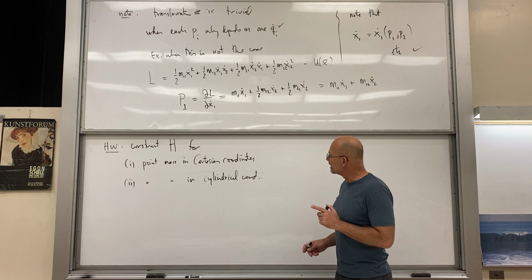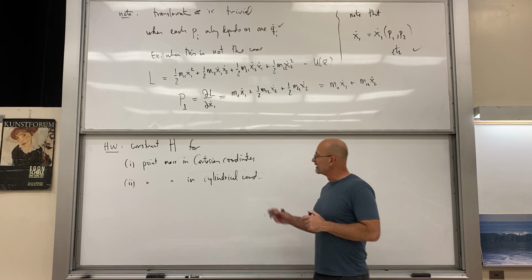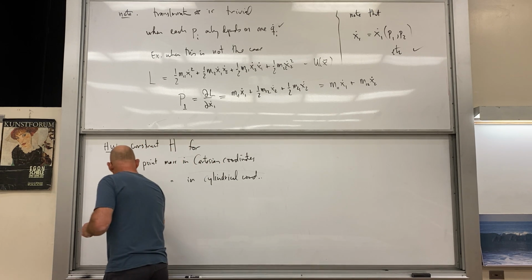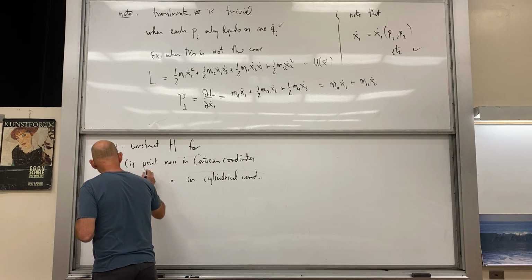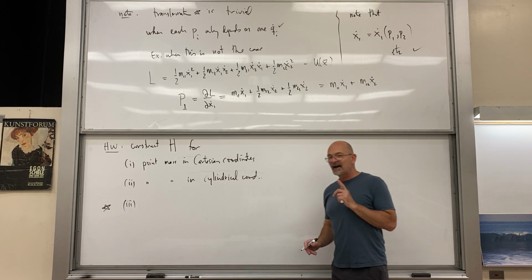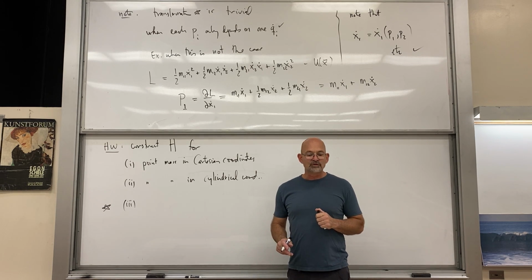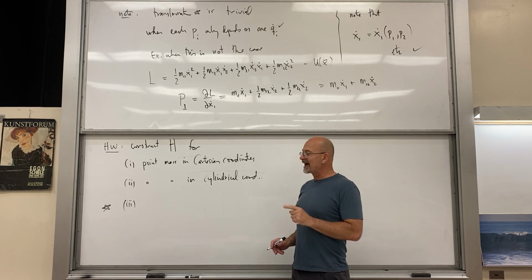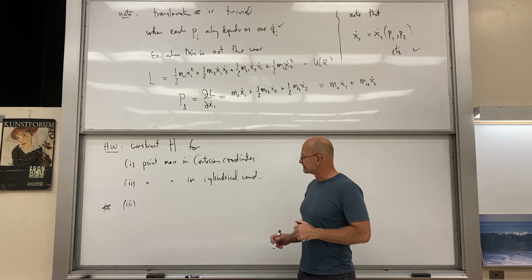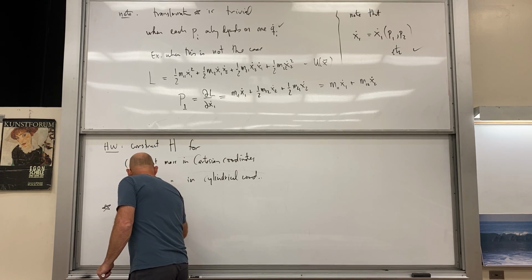Actually, before I talk about cyclic coordinates, I'll put here number 3 under the homework. This is the important one. These two are kind of trivial, this one here is very important. We want to find the Hamiltonian for a particle in an electromagnetic field. And for that, we actually need the Lagrangian. So this one is the important one.